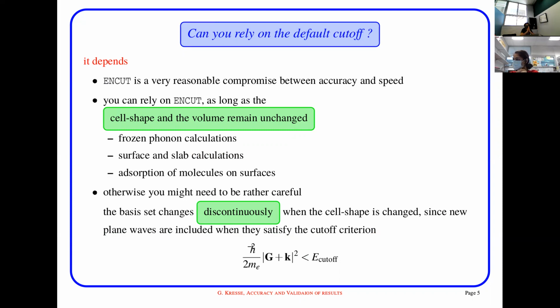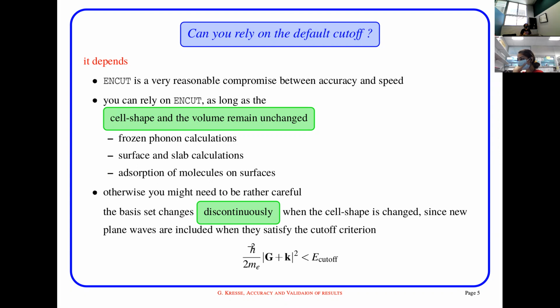It is good whenever you keep the cell shape and volume fixed: calculating vibrational frequencies, frozen phonon calculations, surface and slab calculations, adsorption of molecules. So which of these is not covered? The point that is not covered is bulk optimization with ISIF 2 or 3, so with the parameter that lets you modify the cell shape.